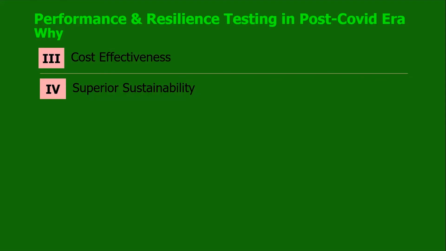let's talk about superior sustainability. As I said earlier, there is a sustainability aspect. There is a process where you can actually give back to society if you conduct performance and resiliency testing continuously. So how does that happen? Continuous performance testing and resiliency testing also assist in better sustainability and less carbon footprint.